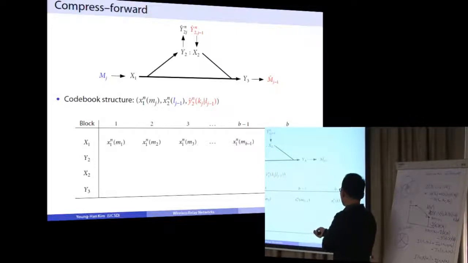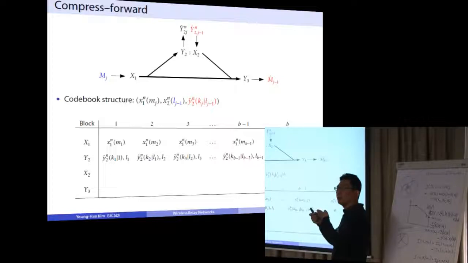Every time we send a message M1 up to block B minus 1, and at the end of each block, Y2 tries to recover the right quantization. Then instead of sending the quantization index itself, one version of compress forward sends the hashed version of the quantization index.